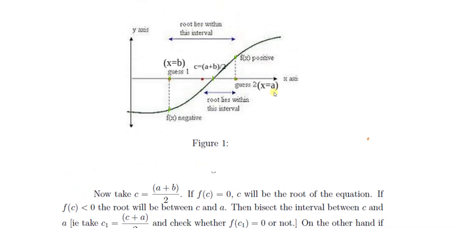If when we substitute x is equal to a we got a positive value, and when we substitute x is equal to b we got a negative value, now we take a value c equal to a plus b by 2. Now put x is equal to c.